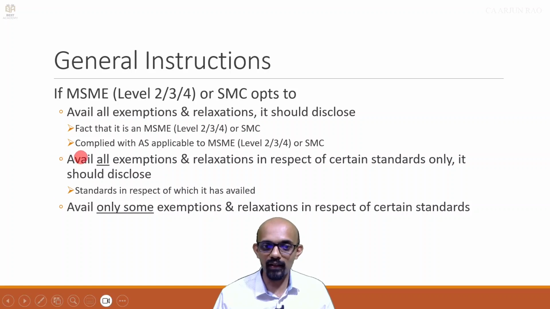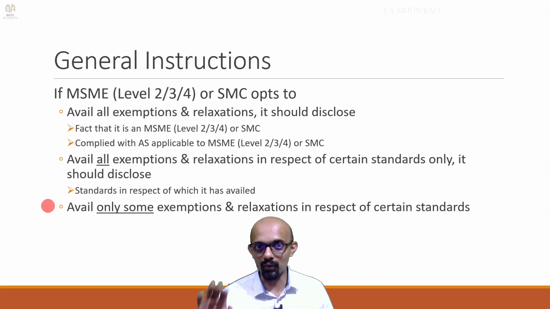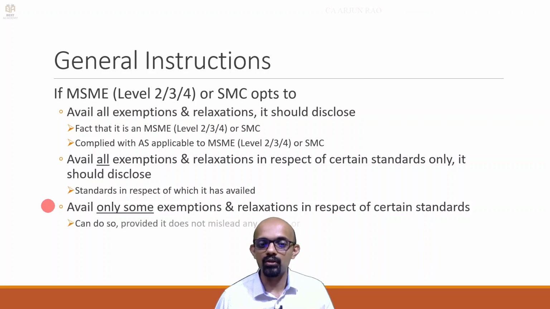Fine. Now, another case: what if within the standard we are choosing? Here standard wise we are choosing, AS 17 we are following, AS 25 we are not following. Within the standard we are choosing, say in AS 15 there are 4 exemptions, we are taking advantage only of 2 exemptions, that is also allowed. But an additional responsibility is cast on the management and the auditors that it should not mislead any person or public.